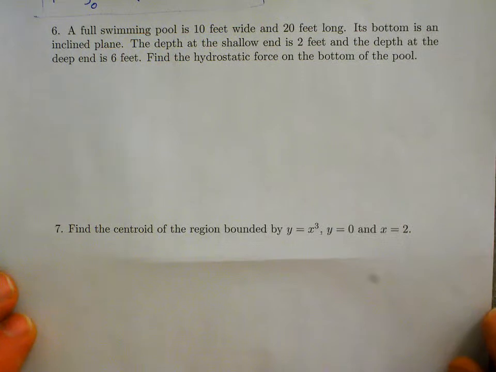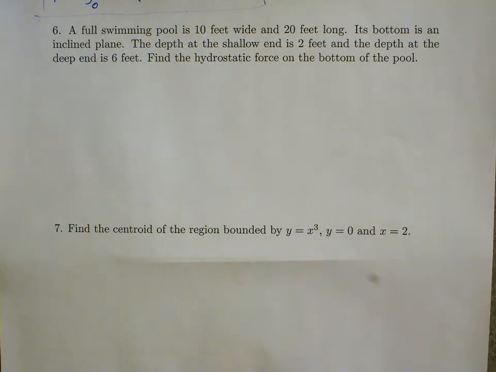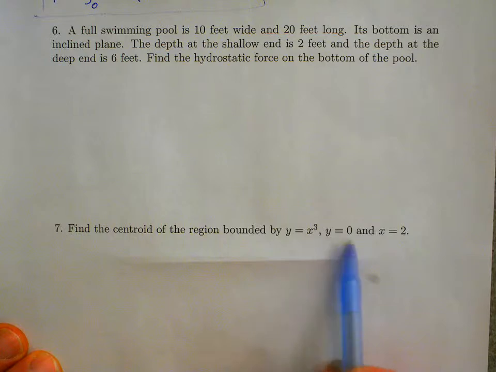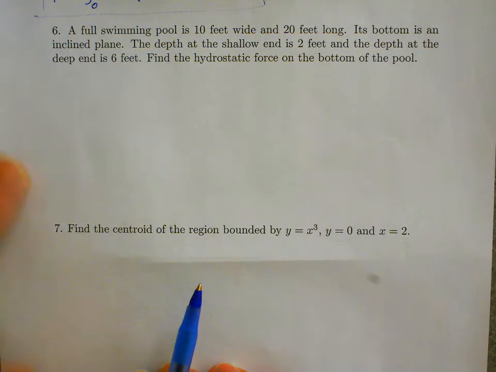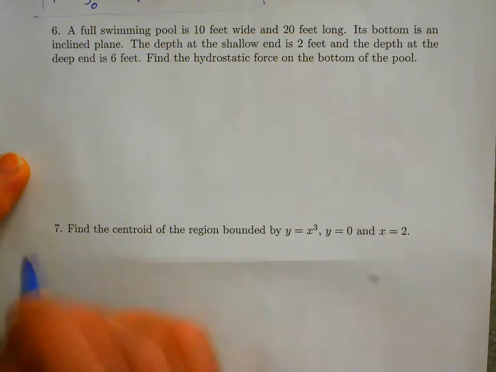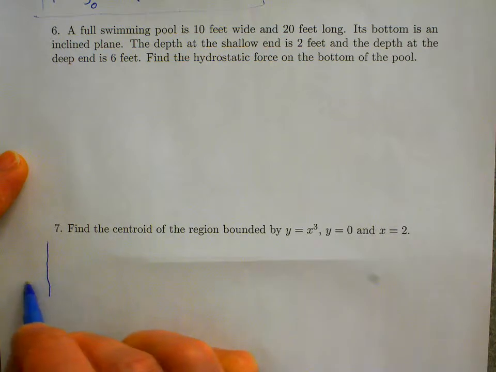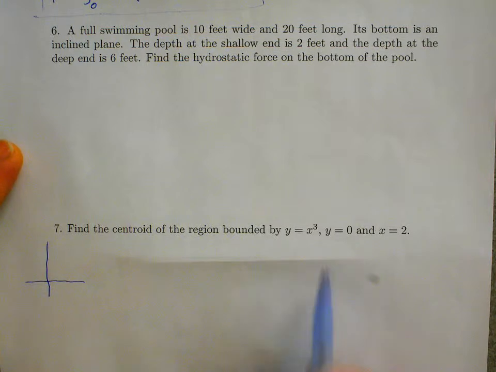Okay, number 7, find the centroid of the region bounded by y equals x to the third, y equals 0, and x equals 2. So remember, y equals 0 is the x-axis. So I'll just do a rough sketch of y equals x to the third.